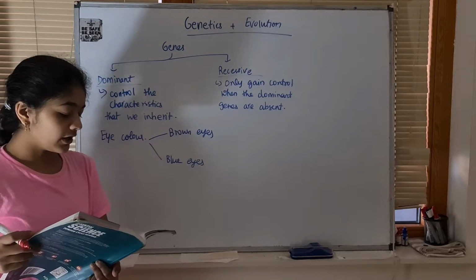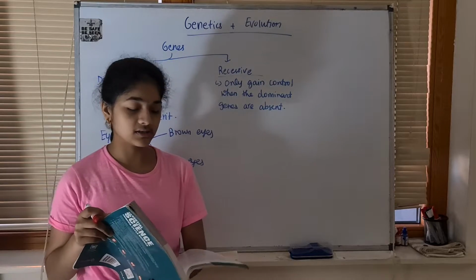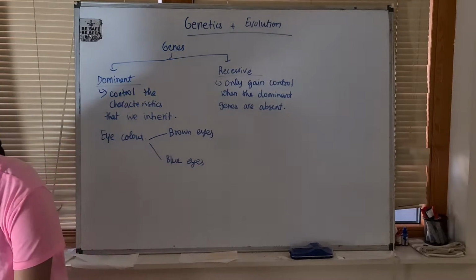Show the possible eye color of children of two parents if the mother has blue eyes and the father has brown eyes.